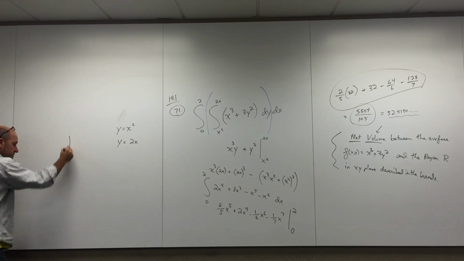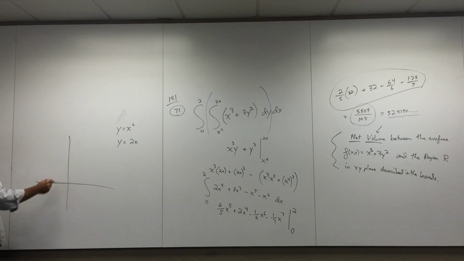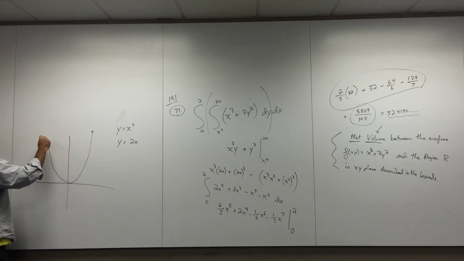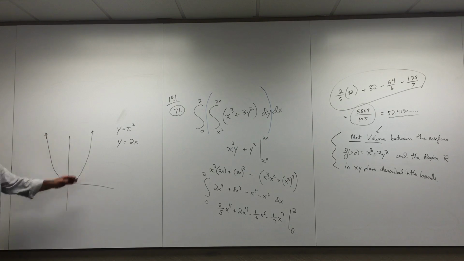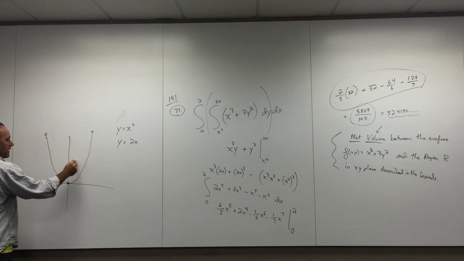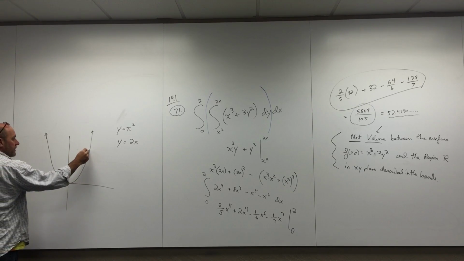Let me graph those. Well, we know what y equals x squared is. This classic parabola. This is a big blown up version of it here. We know what y equals 2x is. It's a line. It goes through the origin and it goes up 2 over 1, up 2 over 1.